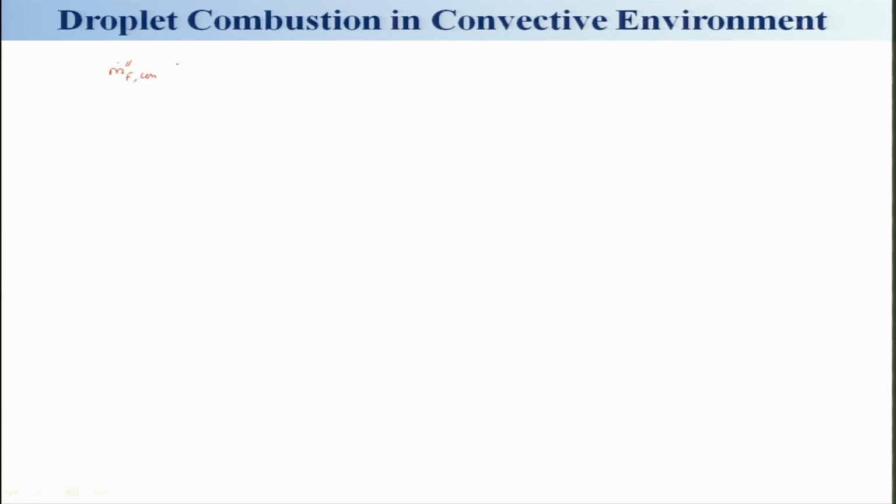I have already written down Rs, this is delta Hv by Cp delta T, Cp by Kg, I am rewriting, and this Cp delta T by delta Hv is nothing but 1 over B. I can write m dot F convection Rs is nothing but 1 over B, and Cp by Kg is equal to, what is that?